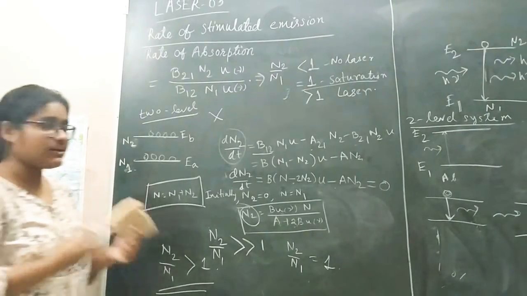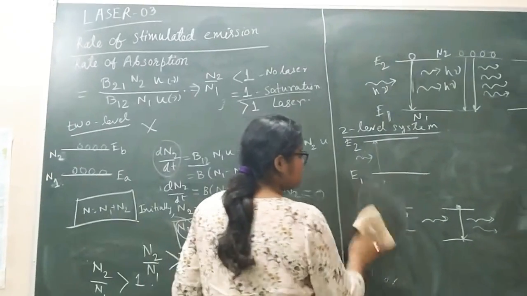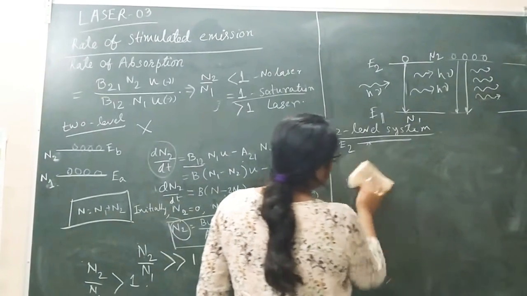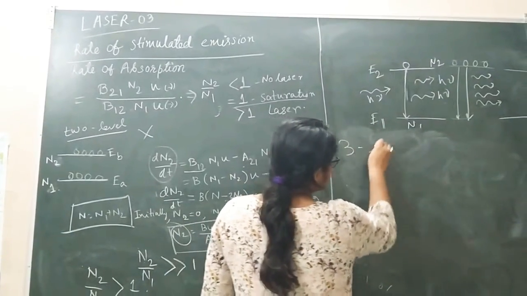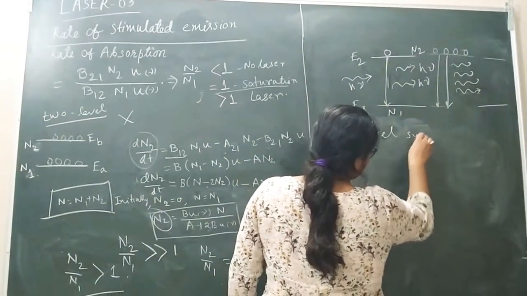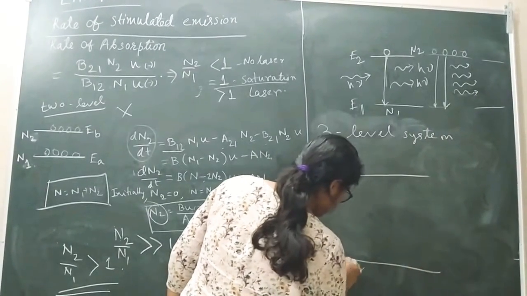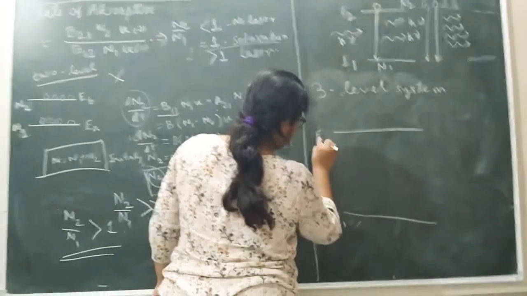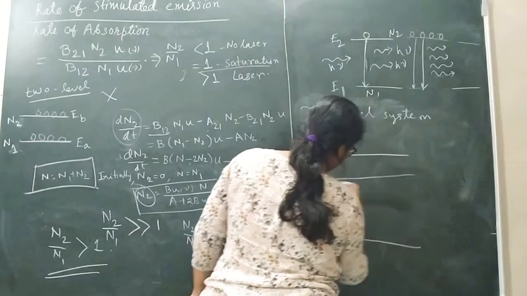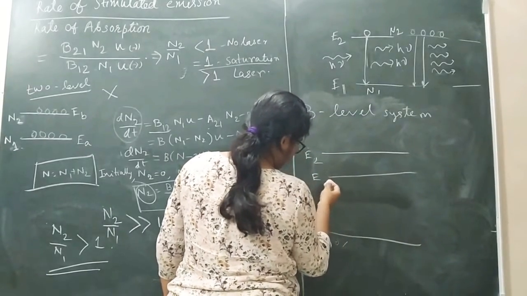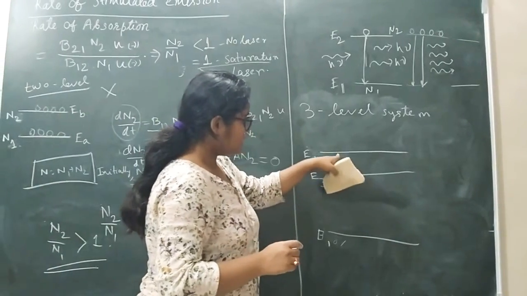Now we should think of further systems so that we can get population inversion. The further systems are like the 3-level system and 4-level system. Take the 3-level system. We have 3 levels. Suppose this is E1, this is E2, and in between them there is another state which is E3, which has a larger lifetime than E2.